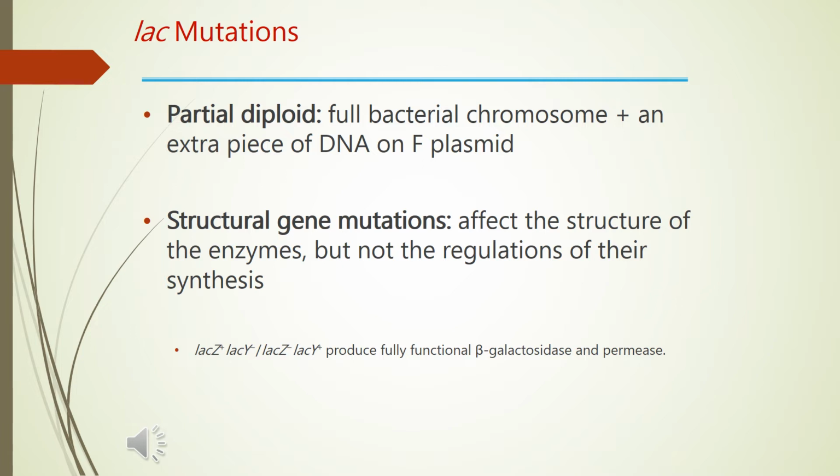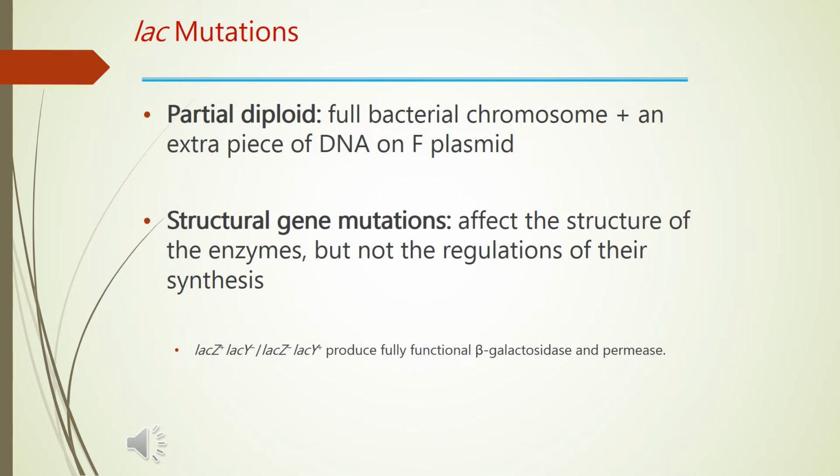That means that is enough to produce beta galactosidase, even though on the right side the partial diploid part of this particular gene is mutated. Even though it got mutated, there is no problem in producing beta galactosidase. So one copy is enough to produce a functional gene.